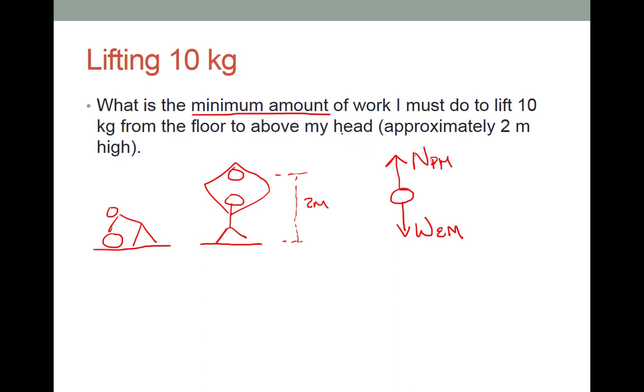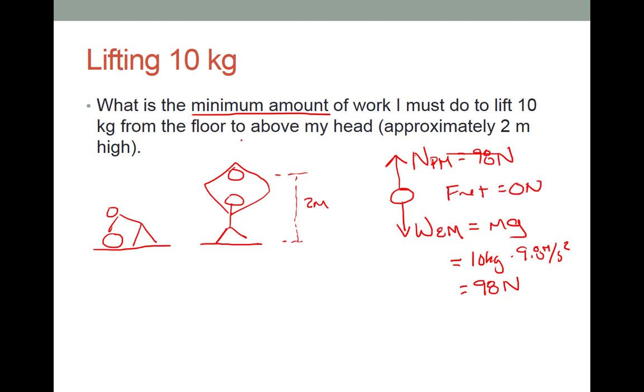In order for it to be the minimum amount of work, that is the situation where there's no net force, which means since the weight force is mg, or in other words, 10 kilograms times 9.8 meters per second squared, or 98 newtons, then this also must be 98 newtons because F net equals 0 newtons when it's looking at the minimum amount of work.